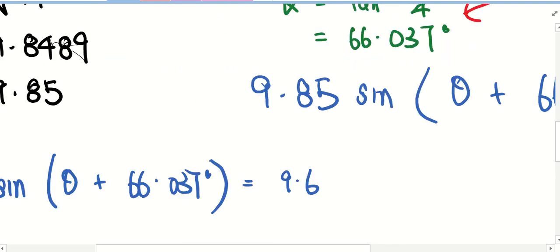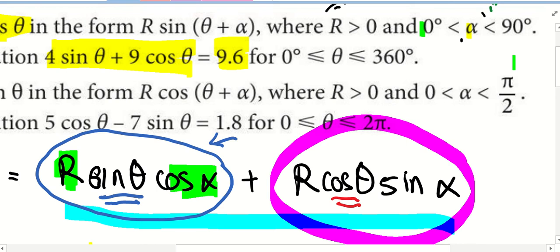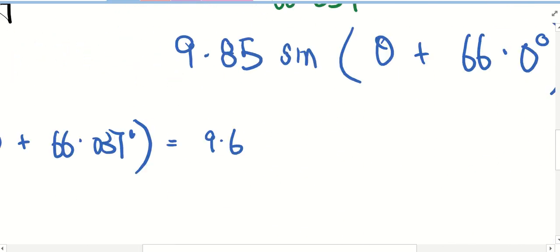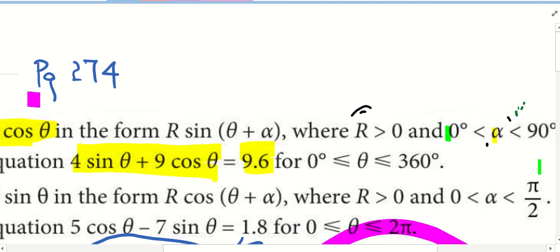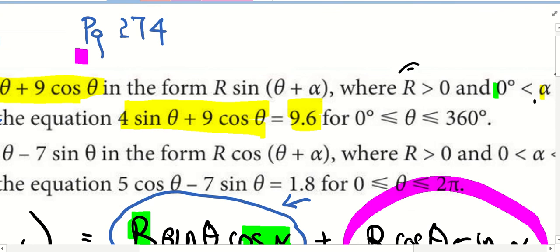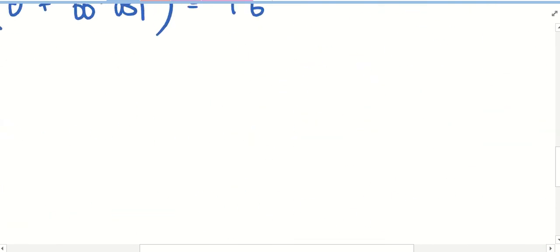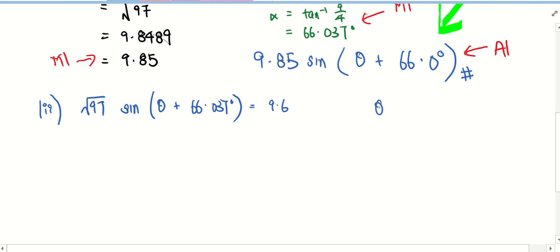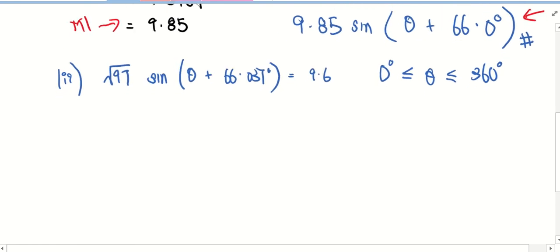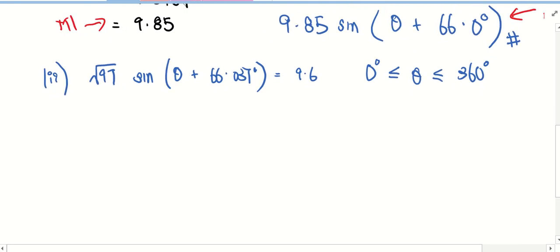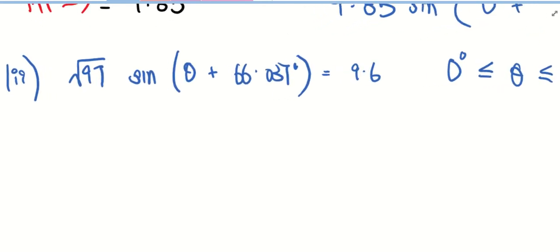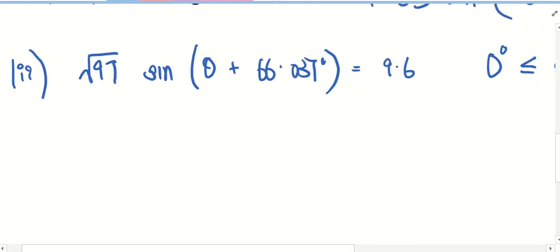Range, okay, the range was given. Alpha between 0 to 90, but it's not alpha. It's the theta. So, Luffy is correct. Let me write down the range first. Theta is between 0 to 360. What's next? Expressed as a single trigonometry. Am I right? This is already a single trigonometry, but I must ensure the coefficient is 1.